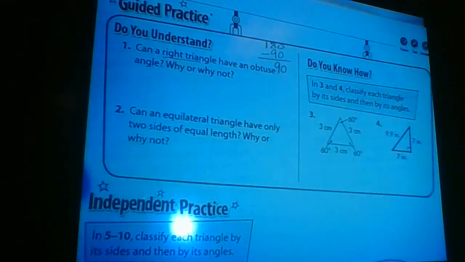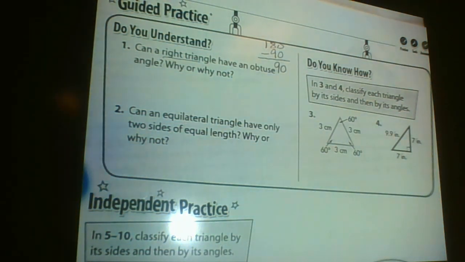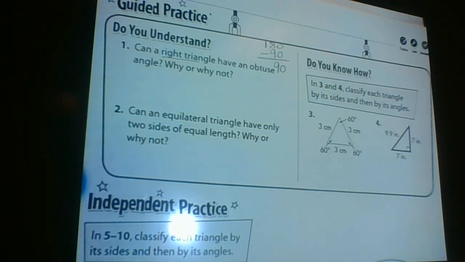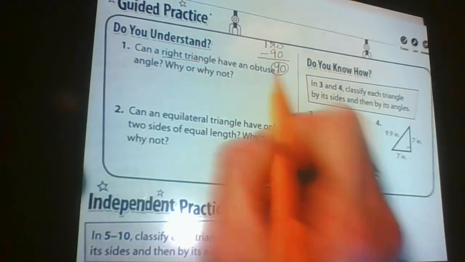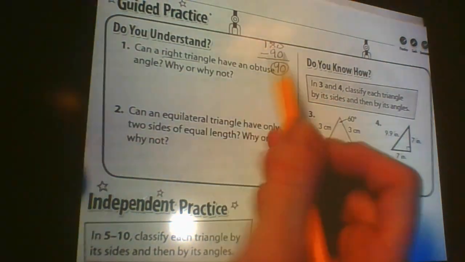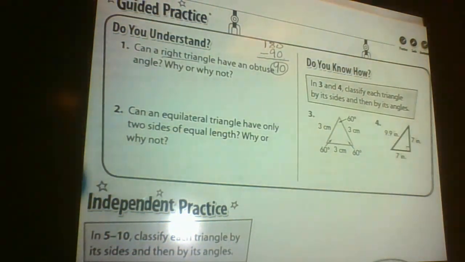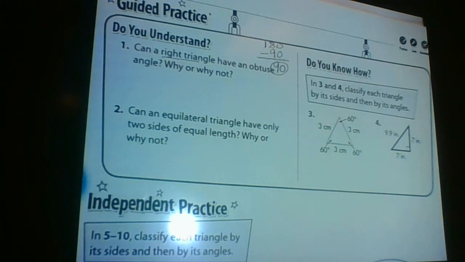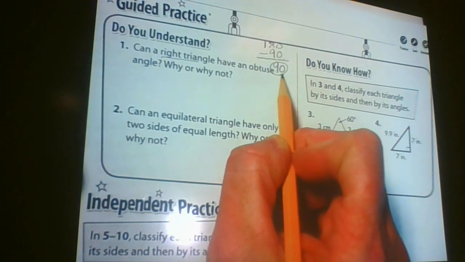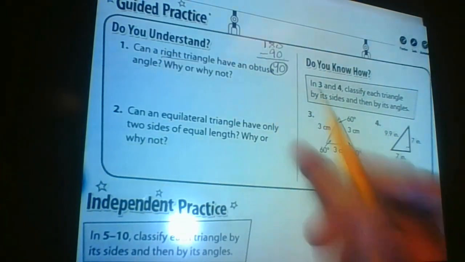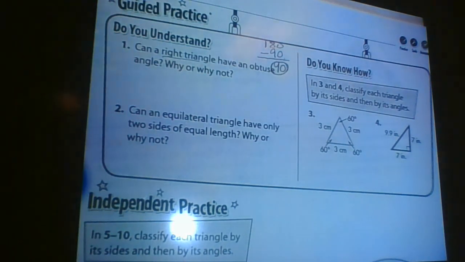Now I'm going to take what I already know about an obtuse angle. An obtuse angle is larger than 90 degrees. So if I had a right triangle that has one 90-degree angle, can I also have an obtuse angle in there? Well, no, because the only measurement I have left is 90 degrees, so my other two angles have to add up to 90 degrees.